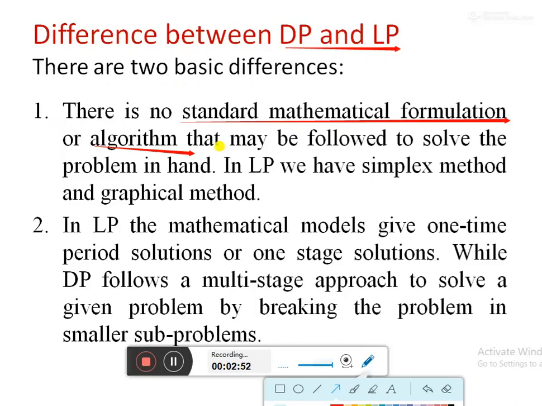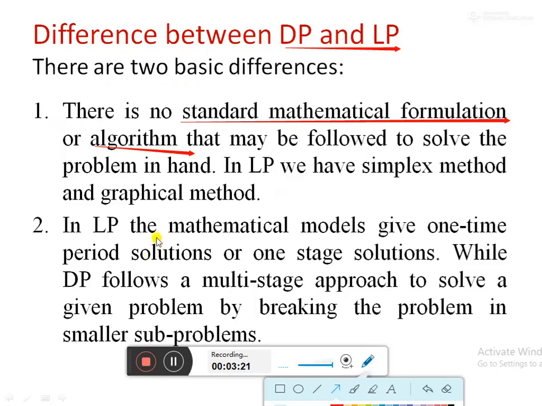Unlike dynamic programming, in linear programming, we have several standard mathematical formulations or algorithms in the form of the simplex method, graphical method, and other methods that can be used to solve linear programming problems. So it is the most fundamental difference, that in dynamic programming there is no standard mathematical process or technique that can be followed to solve a problem.